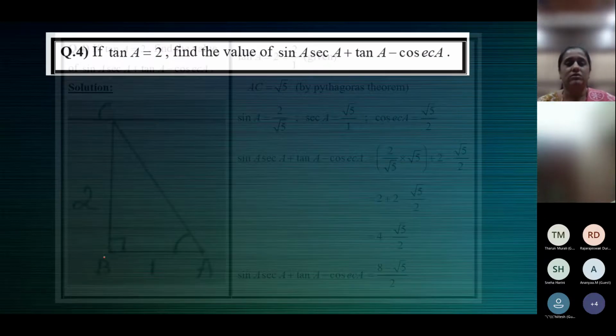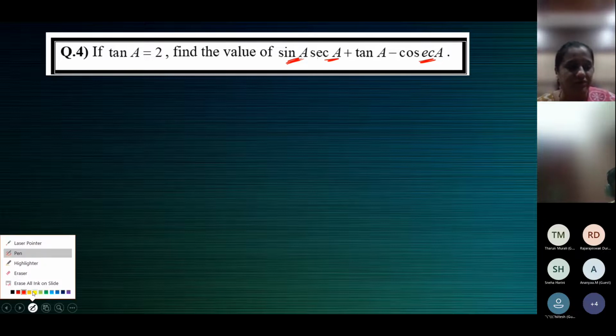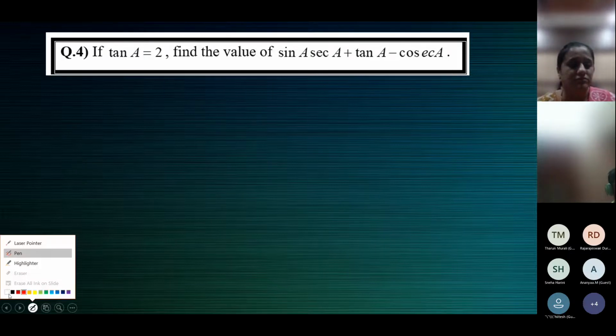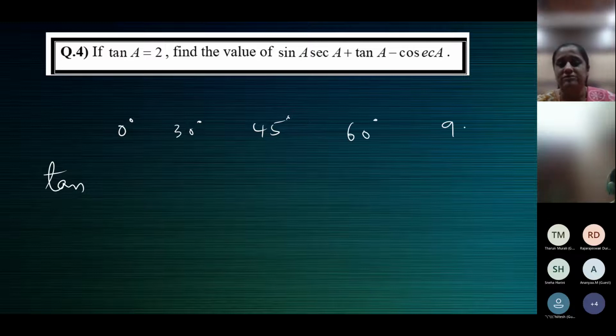Now here you will not find this value 2 in the table. In the table for tan, you have 0 degrees, 30 degrees, 45, 60 and 90.